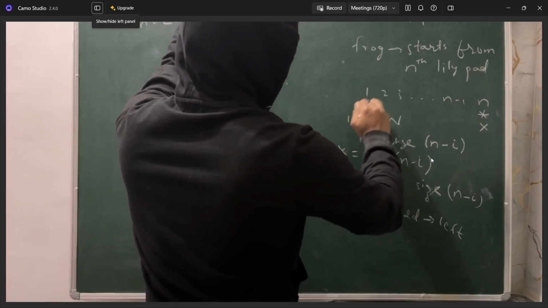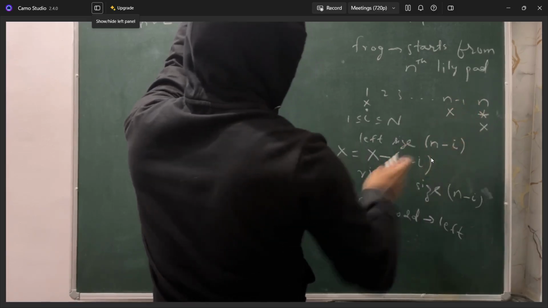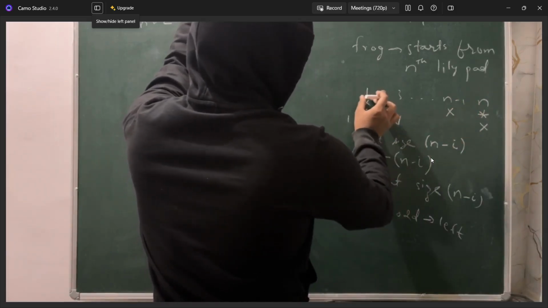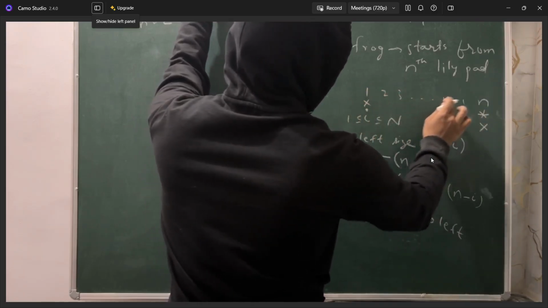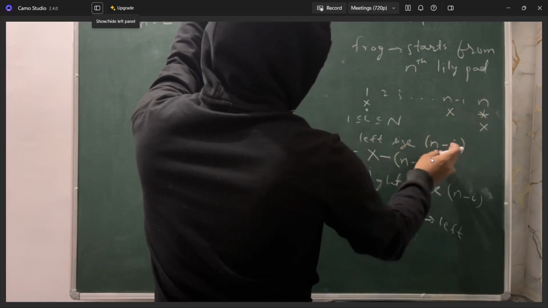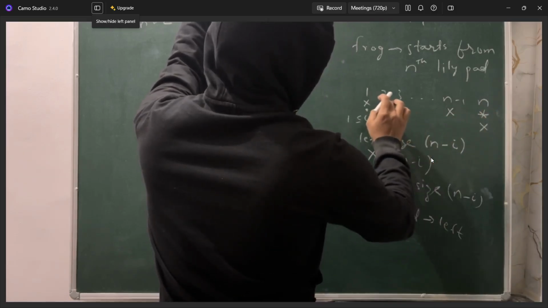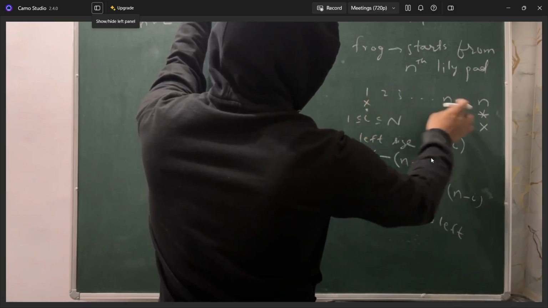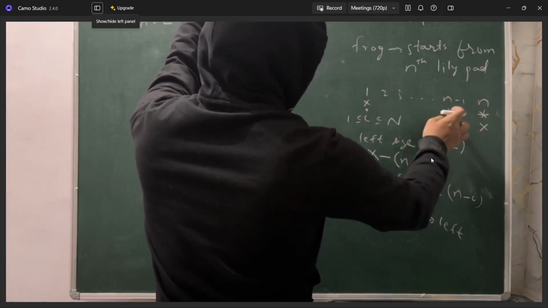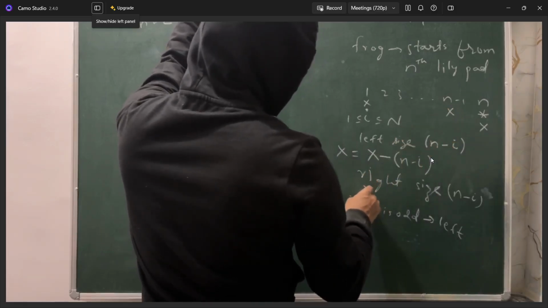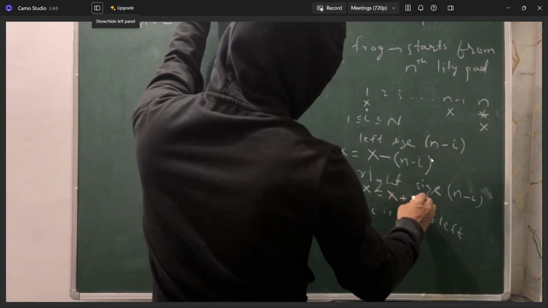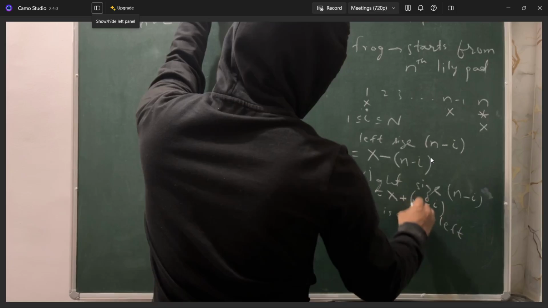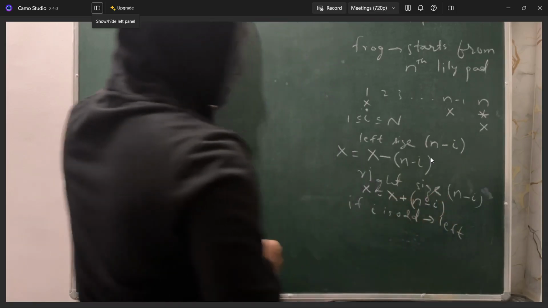When he moves n minus 2 distance, he'll be at this position, because there are n minus 1 terms but he moves only n minus 2 distance. So here it will be n minus 2, and he'll be at this position. Whenever he's moving to the right side, his current position is increased by n minus i. That is what is asked in the question.